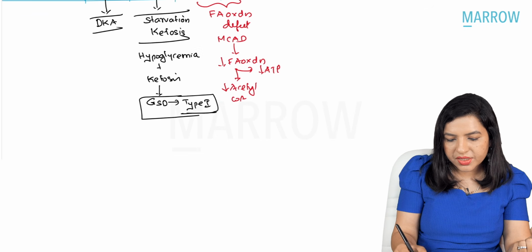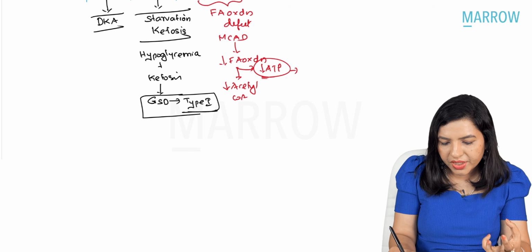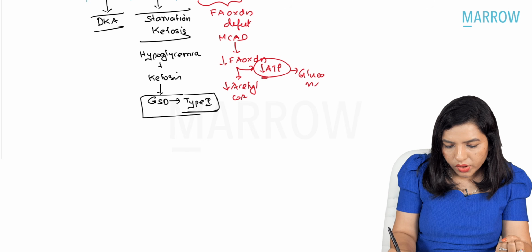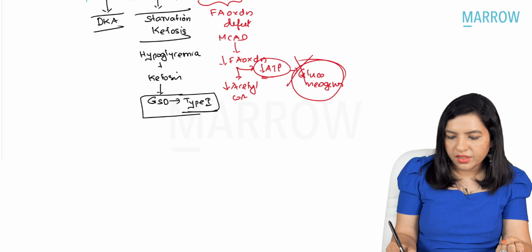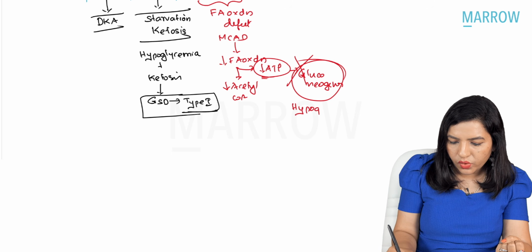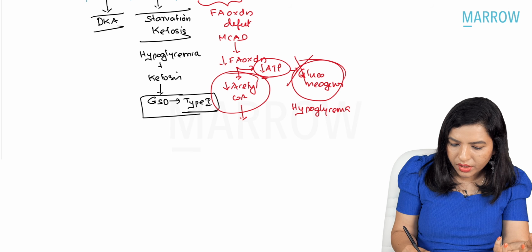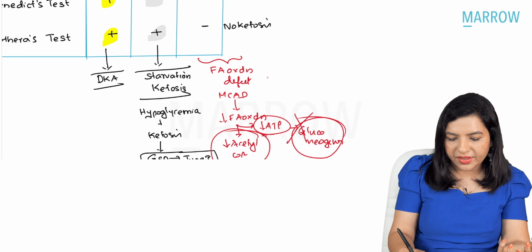Because of decreased ATP production, once the glycogen stores are depleted, there is no ATP to support gluconeogenesis, and as a result, there is hypoglycemia. Now, because of decreased fatty acid oxidation, there is decreased acetyl coenzyme A, so there is no ketone body synthesis. So, if this is the case, then mostly it is a fatty acid oxidation defect.